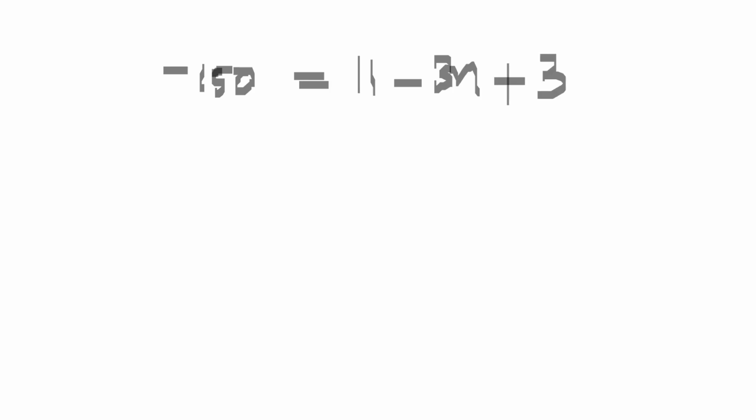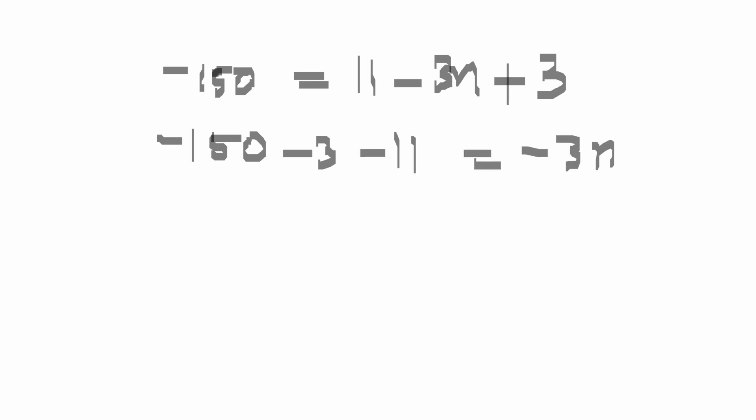So minus 150 equal to 11 minus 3n plus 3. So minus 150 minus 3, and minus 11, equal to minus 3n. So when you simplify you get minus 164 equal to minus 3n.